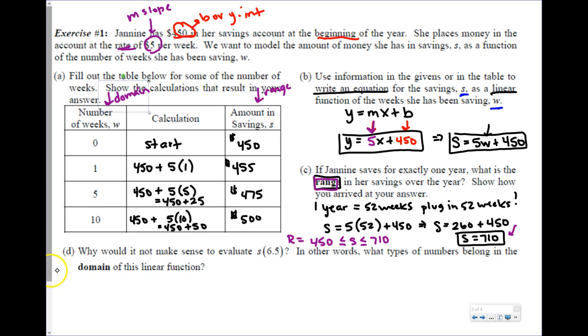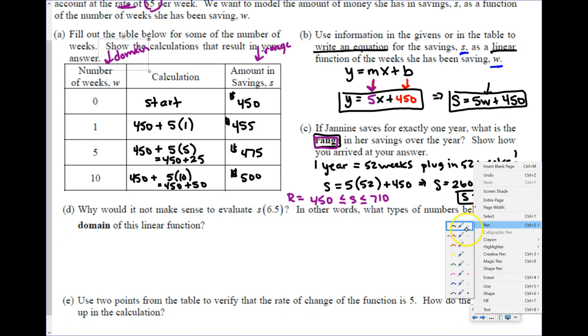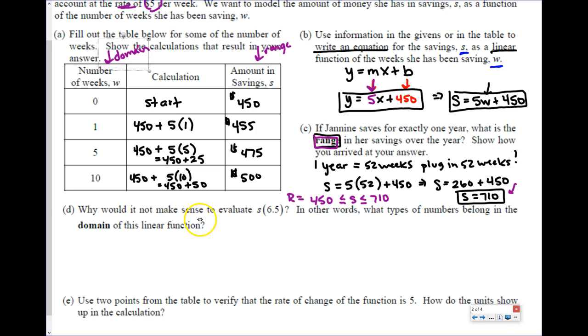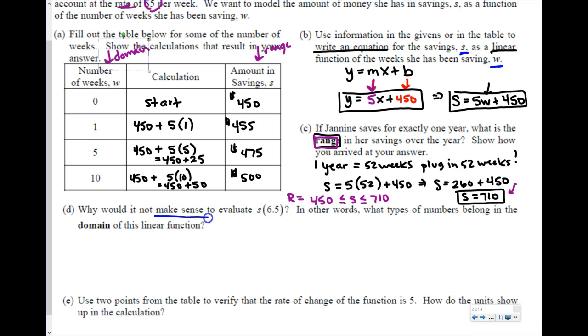Letter D. Why would it not make sense to evaluate S of 6.5? In other words, what types of numbers belong in the domain? So we're thinking about this 6.5. Now it's S of 6.5, so the 6.5 stands for weeks. Okay? Why would it not make sense to think about 6.5 weeks?